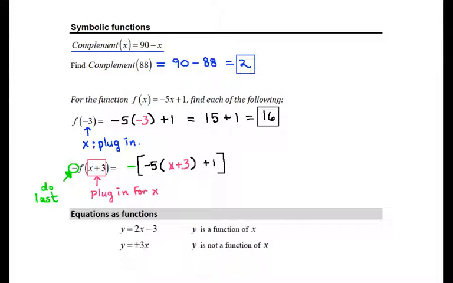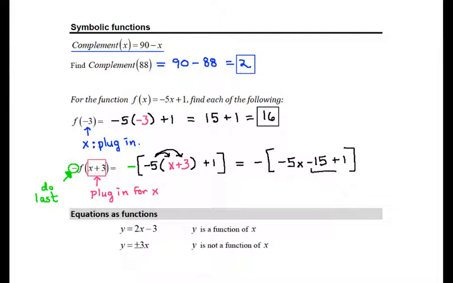So I now have a strictly algebraic expression to simplify. I'll start by distributing the negative 5 into the parentheses. So we're going to keep that green minus sign on the outside for now. This becomes negative 5x minus 15 plus 1.